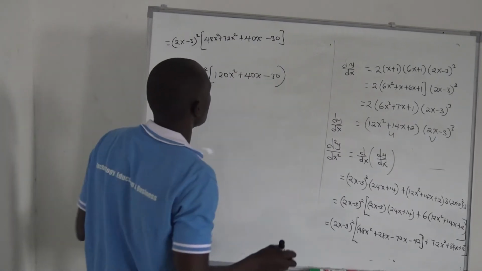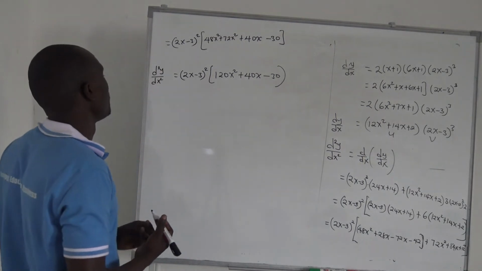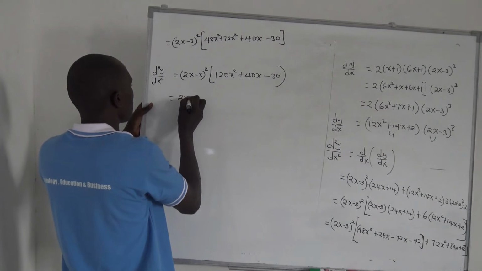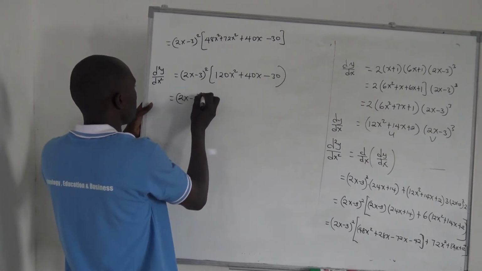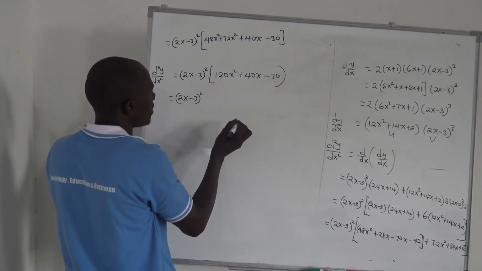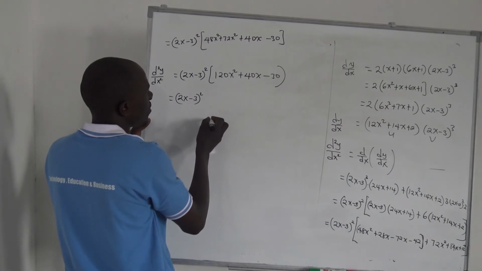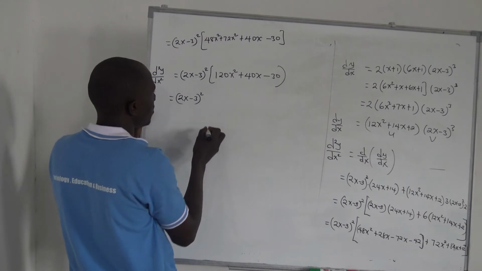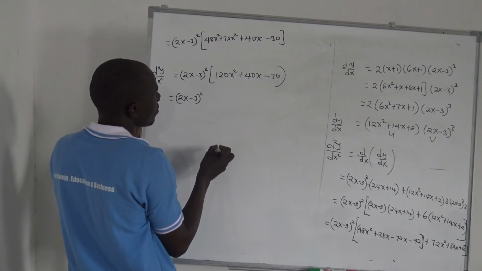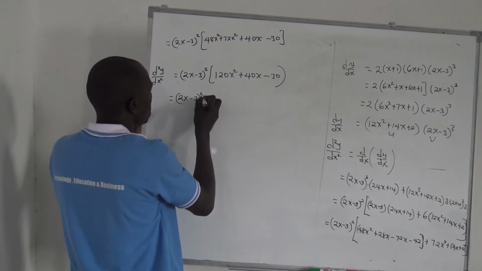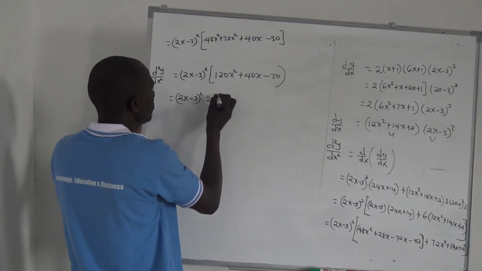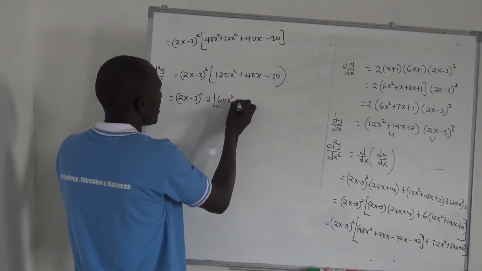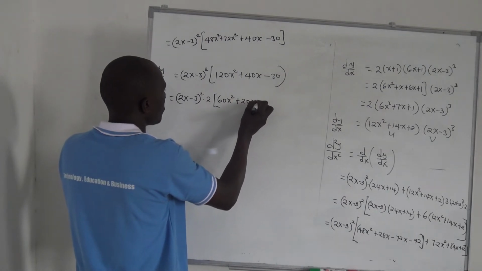If you want to factorize out a 2, I have no problem. You can factorize it out to get 2x minus 3 squared. What is common is a 2. Times a 2 into, here you remain with 60x squared plus 20x minus 50.